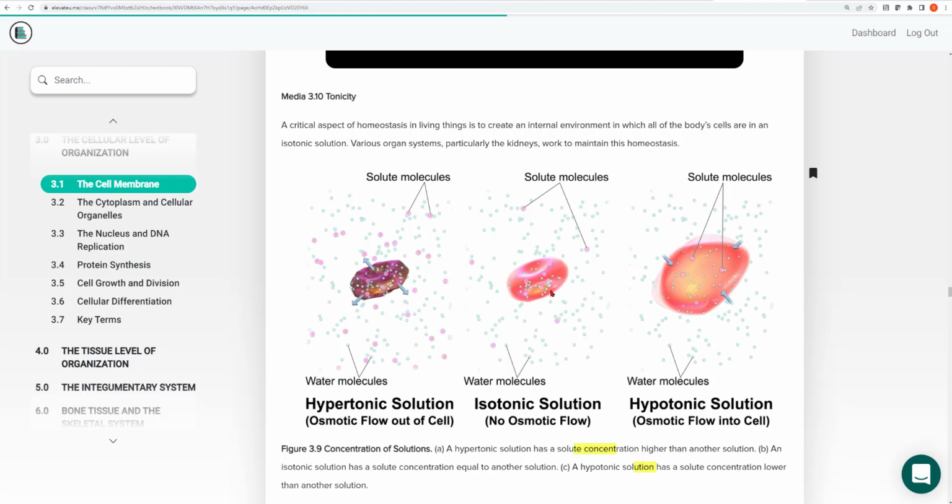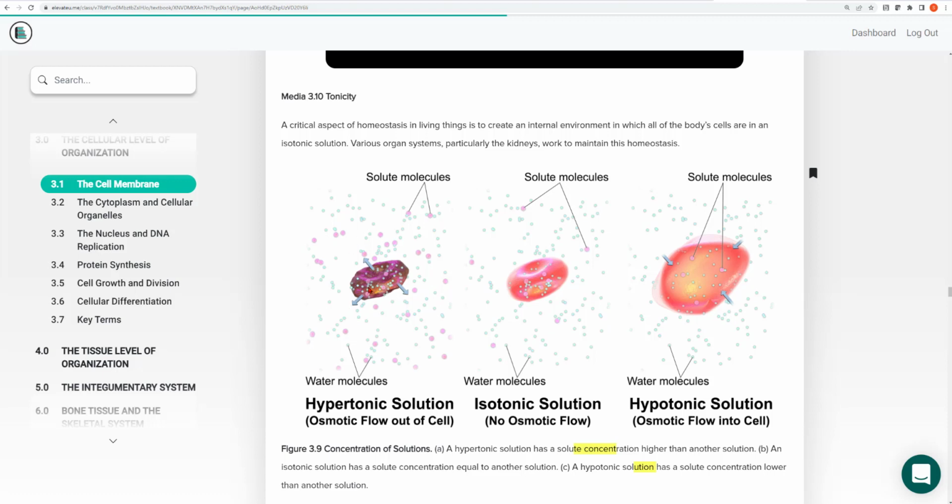when you give someone an IV, you don't give someone an IV of pure water. If you just put water into someone's blood supply, into their veins, it's going to be like giving them a hypotonic solution, and their red blood cells are going to go pop, pop, pop. And you wouldn't want to put a super salty solution into someone's veins, because now the red blood cells would shrink up.